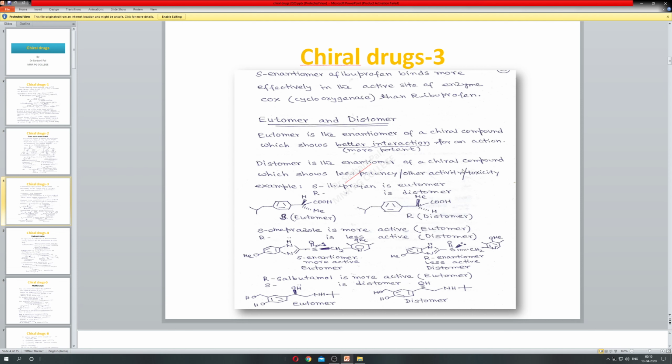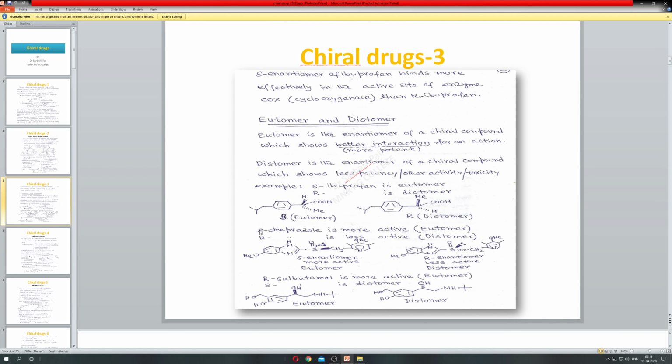Now in the above example of ibuprofen, which is a non-steroidal anti-inflammatory drug, S-ibuprofen is an example of the eutomer and R-ibuprofen is an example of the distomer. Means the S enantiomer has a good fit and the R enantiomer has a bad fit with its target. The target is cyclooxygenase.